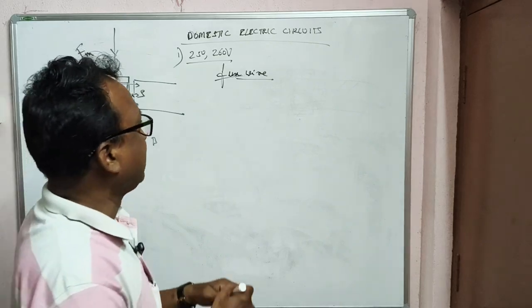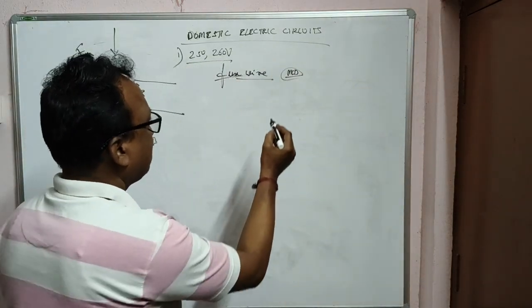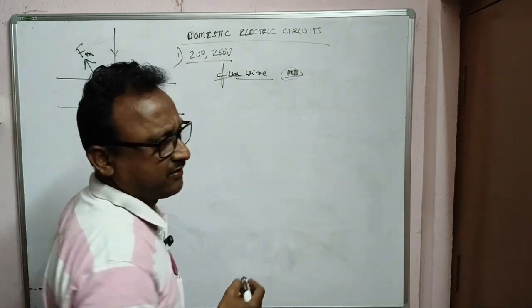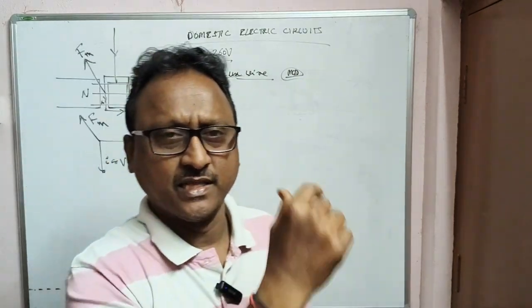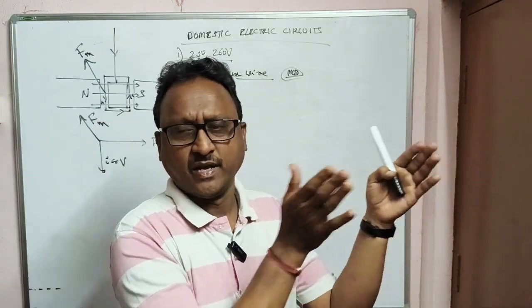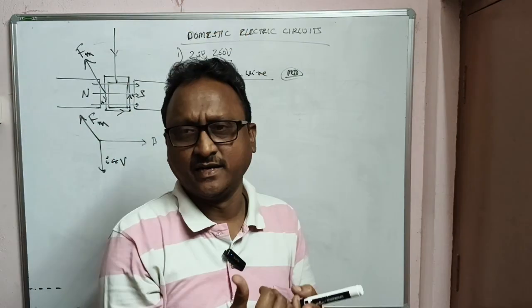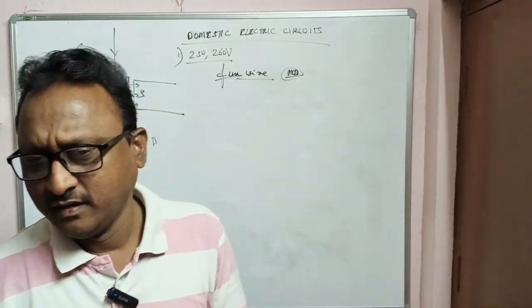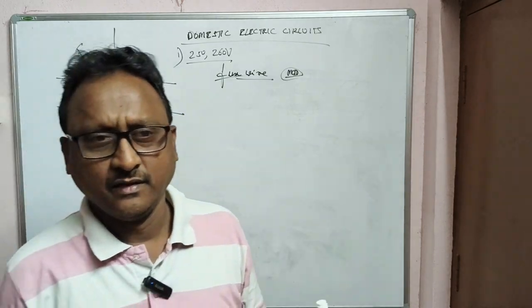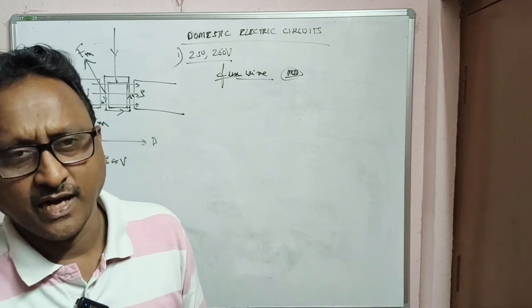Or sometimes the latest technology MCBs are coming now. In every house nowadays you have a lot of MCBs in the main, and each room is connected with one MCB, so that if anything happens, the MCB will go upside. If any short circuit or more load is coming, it will go up. So that is one way of protection for the electrical circuits.